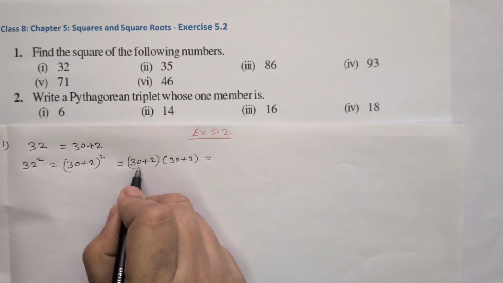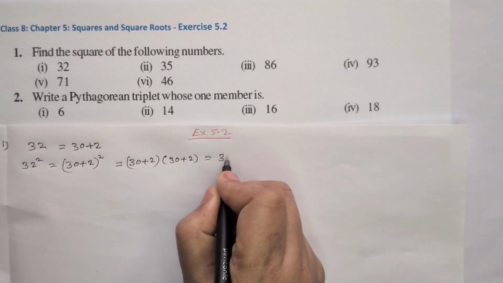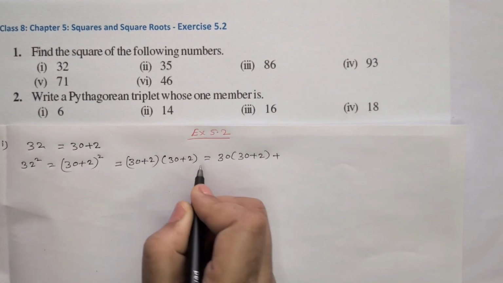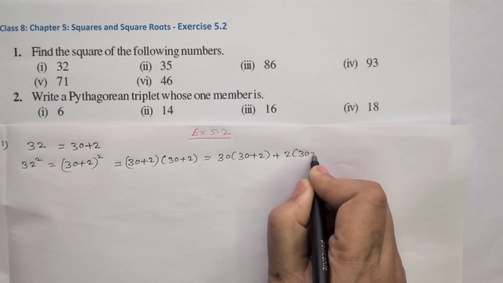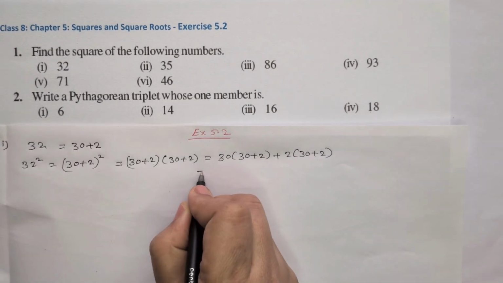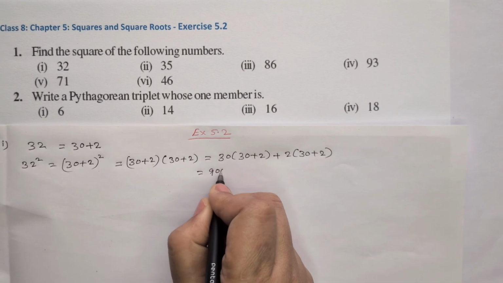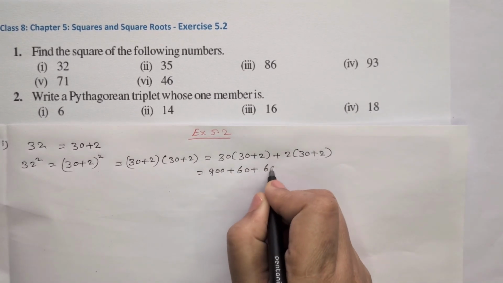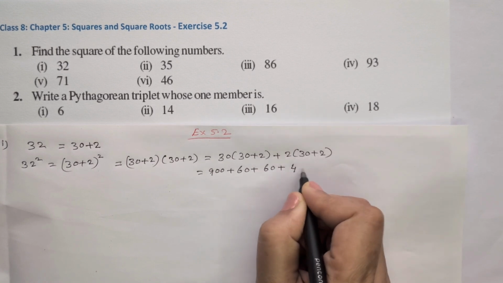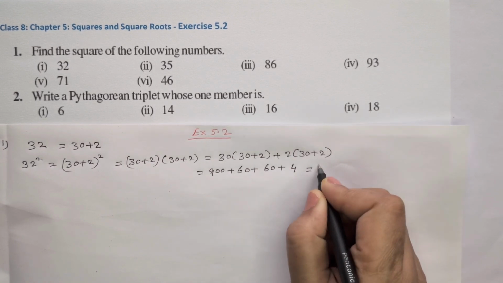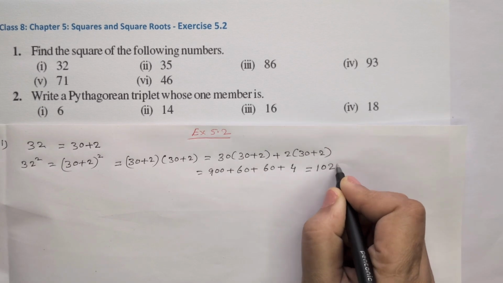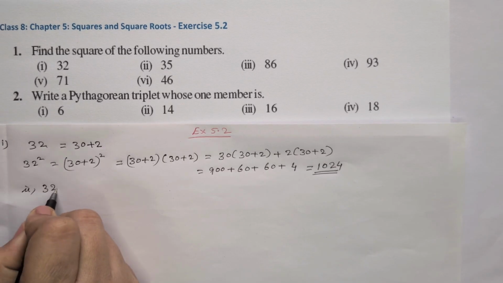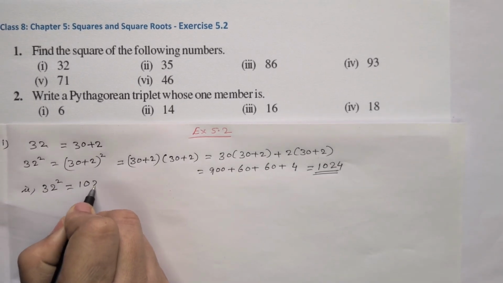Which means the first number 30 into the second bracket, 30 into 30 plus 2, plus 2 into the second bracket, which is equal to 30 into 30, 900, 30 into 2, 60, 2 into 30, 60, 2 into 2, 4. When we add, we get 1024. So we can write that 32 square is equal to 1024.